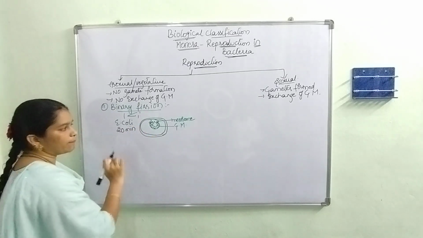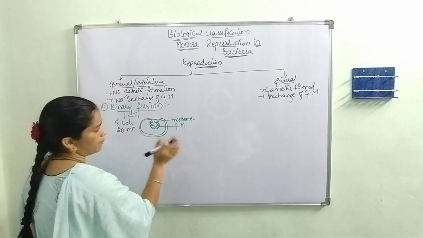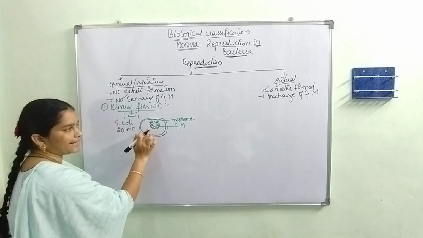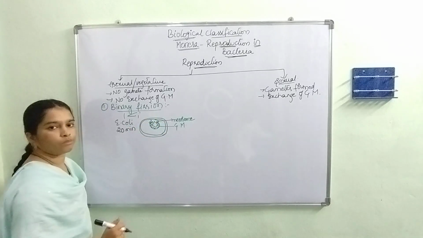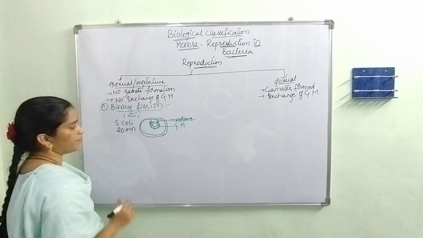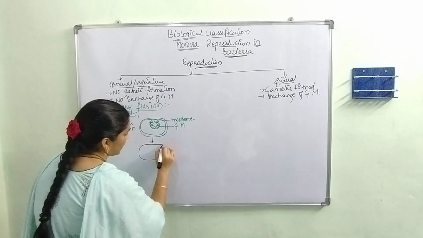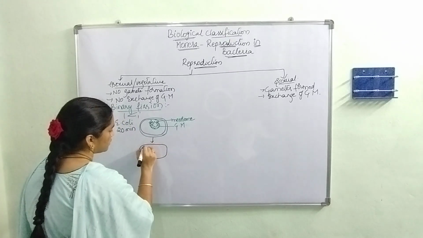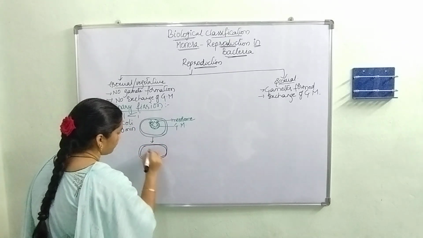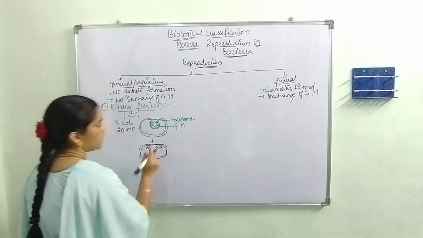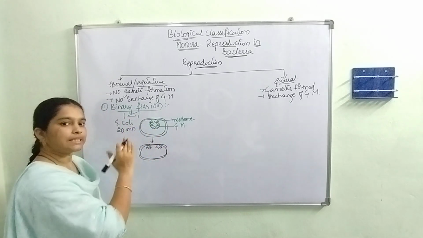Now, before or at the time of replication or duplication, the genetic material attaches to the mesosome of the plasma membrane. First of all, karyokinesis takes place. Here, with two mesosomes, the nucleus is separating.